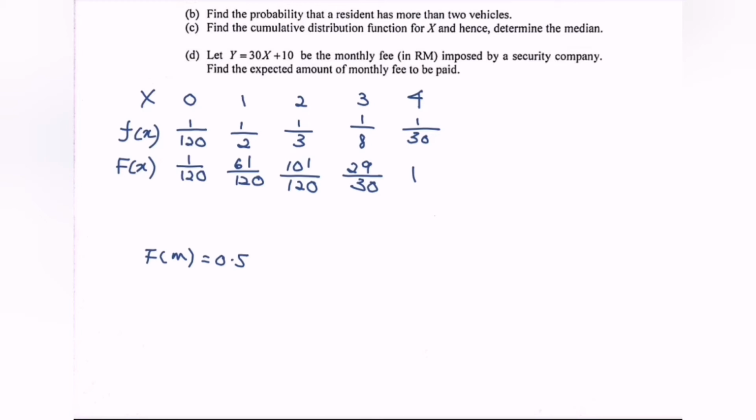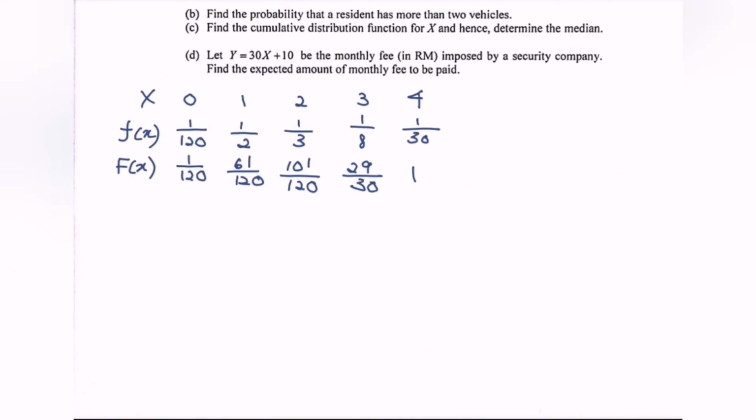Kindly express the values in decimals. Here we have 0.008. This one is 0.508. This one is 0.842. This one is 0.967. This one is 1. So where is the location of 0.5? As we can see, it is located here. So we can say that the median, which is x, is equal to 1.